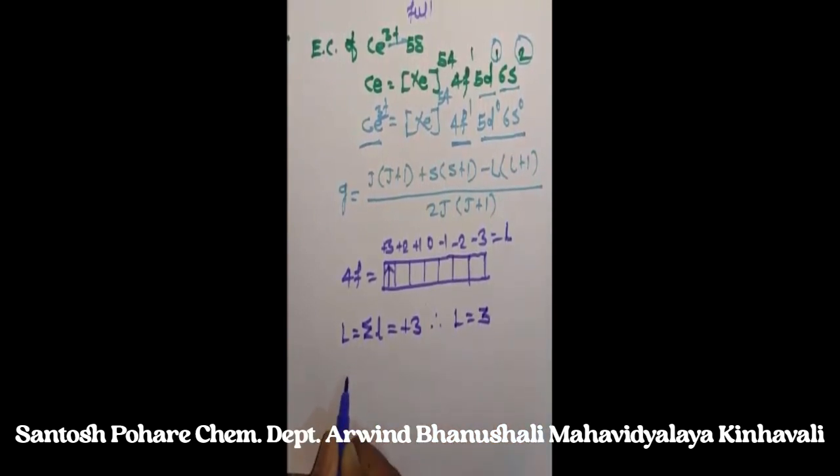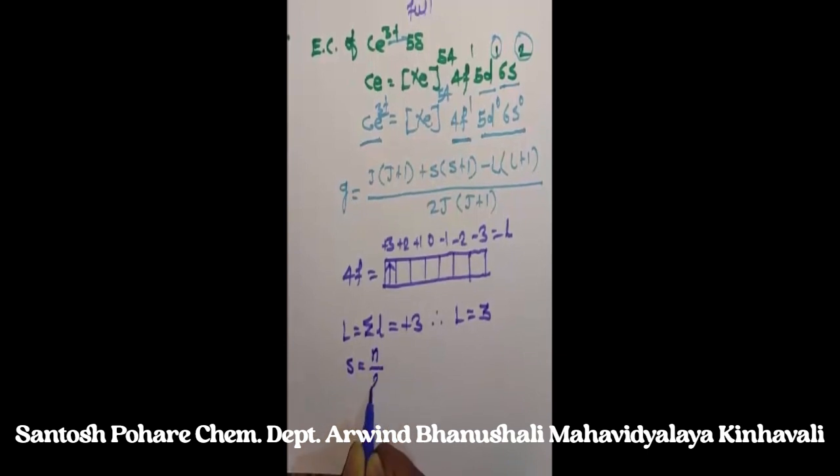Now we have to calculate the S. So what is S? S is equal to the total spin of the electron. How to calculate the total spin of the electron? That is the number of unpaired electrons divided by 2. How many electrons? Only 1, divided by 2.